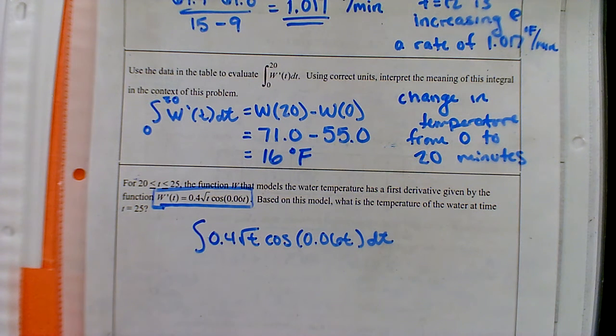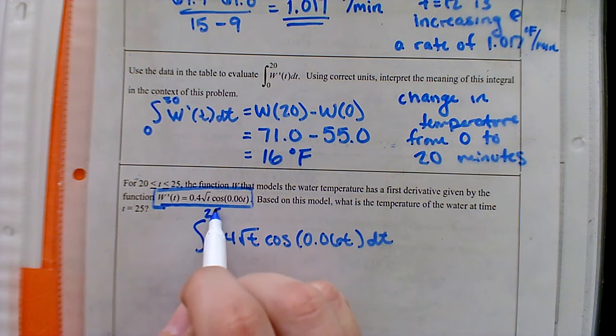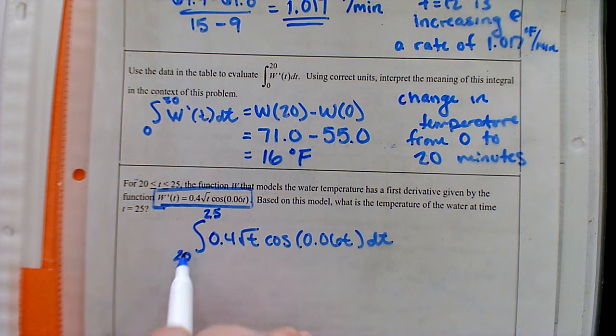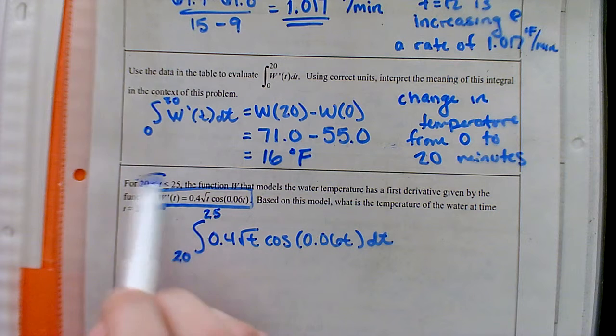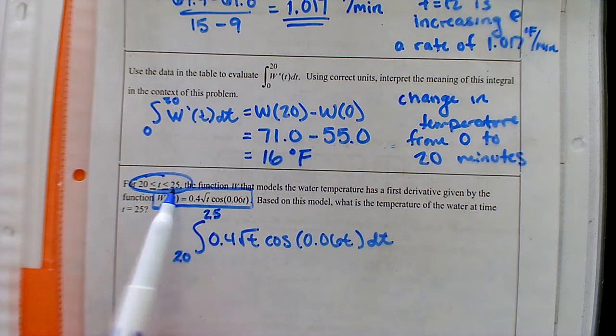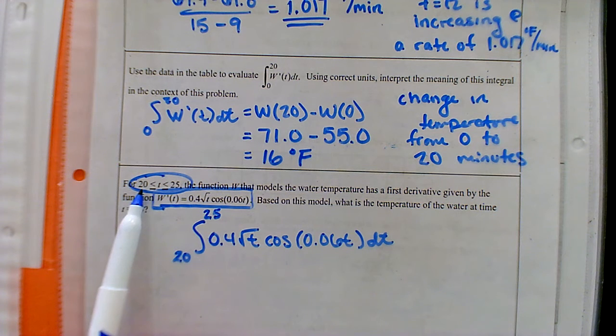Okay, if you look at the table at the top, you could use 0 to 25, 4 to 25, 9 to 25, 15, or 20, because those are the specific time values you know for certain temperature of degrees. So it doesn't matter as long as your top bound is 25. So maybe we'll use Braden's 20. Okay? Oh wait, they also told you there. Never mind. That was what they were looking for. My bad. Okay? At the very beginning they mentioned 20 to 25, so you would have to use 20.